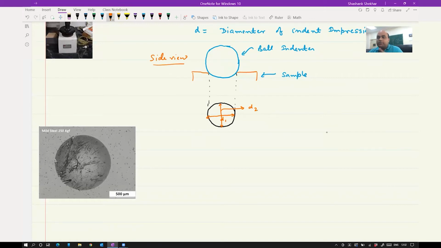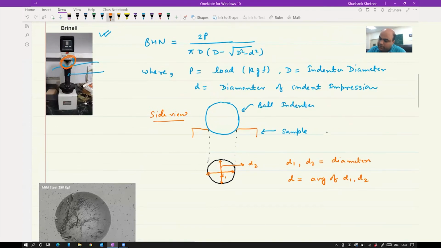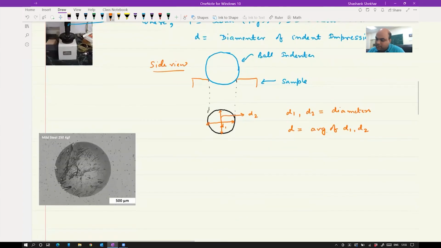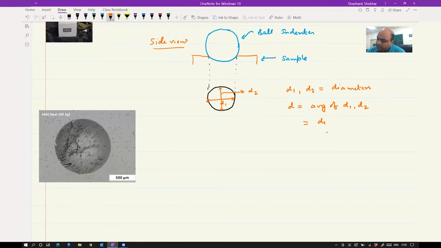So we measure two diameters, D1 and D2, the diameters of the indent impression when you see it from the top, and you take the average. So small d will be D1 plus D2 by 2.